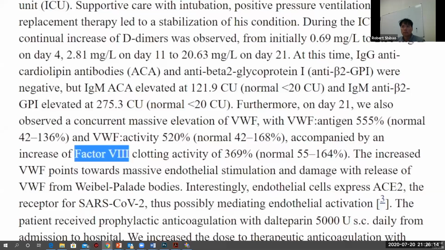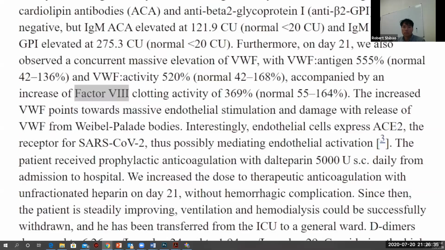And even they realized that the increased von Willebrand factor points towards massive endothelial stimulation and damage with release of von Willebrand factor from Weibel-Palade bodies. Interestingly, endothelial cells express ACE2, the receptor for SARS-CoV-2, thus possibly mediating endothelial cell activation.